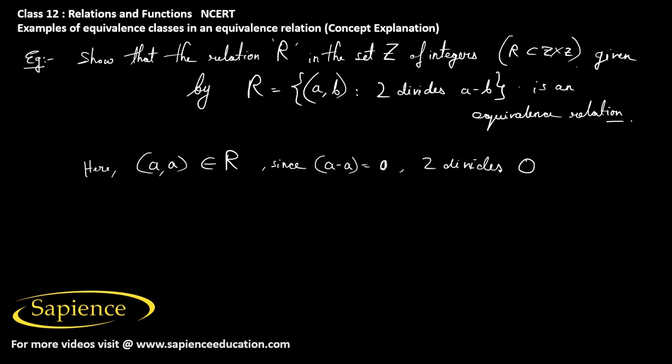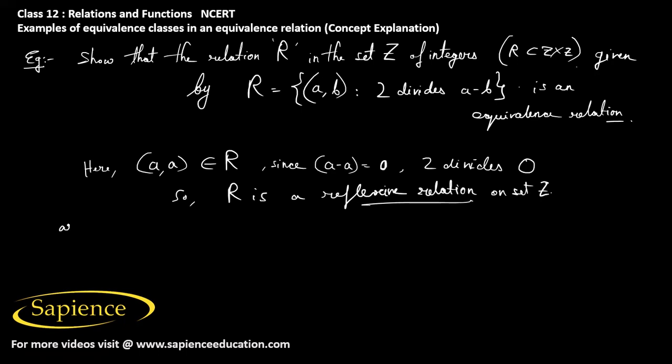So 2 is a factor of 0, obviously. Therefore, R is a reflexive relation on the set Z.